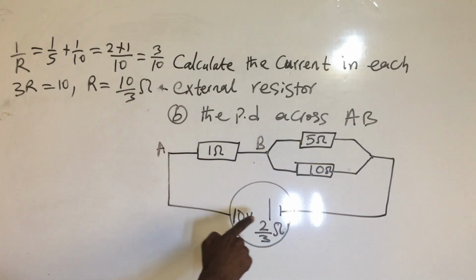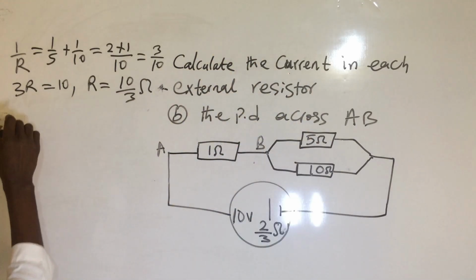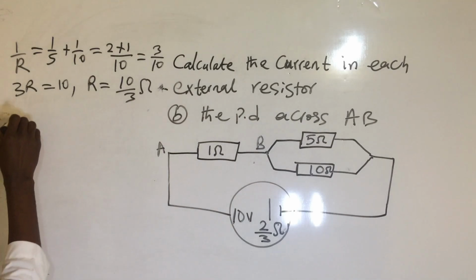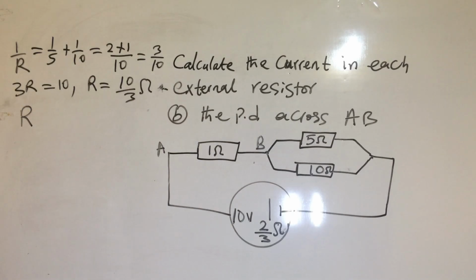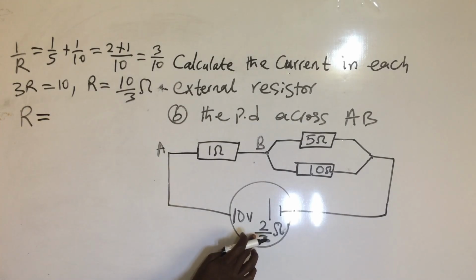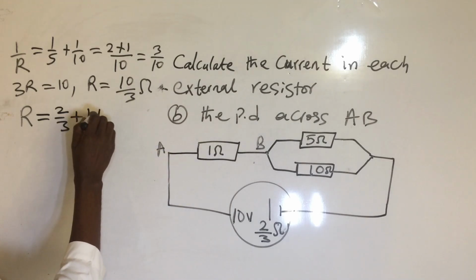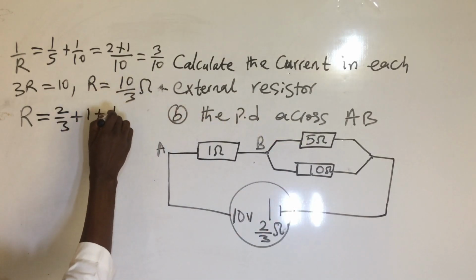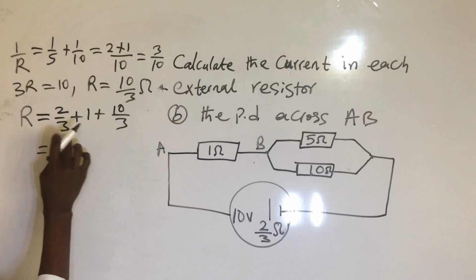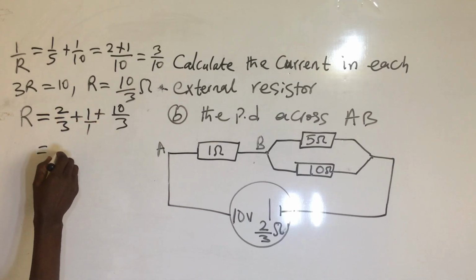Okay. Now let us find the total resistance of the whole circuit, because they are now connected in series. So the total for our series connection will be R equals the one in the battery, which is 2/3, plus this one external 1, plus the total one, which we have calculated to be 10/3. To sum them up, we make this one over 1 so that all of them are in fractional form.